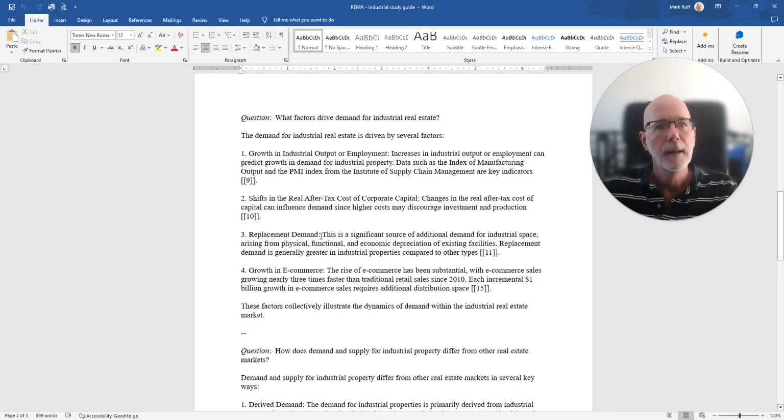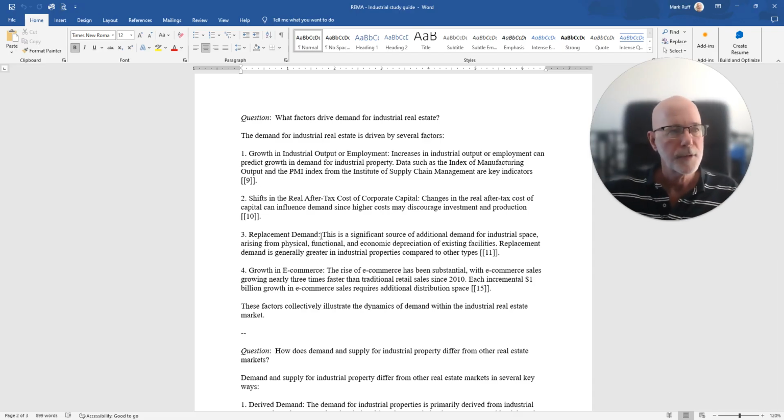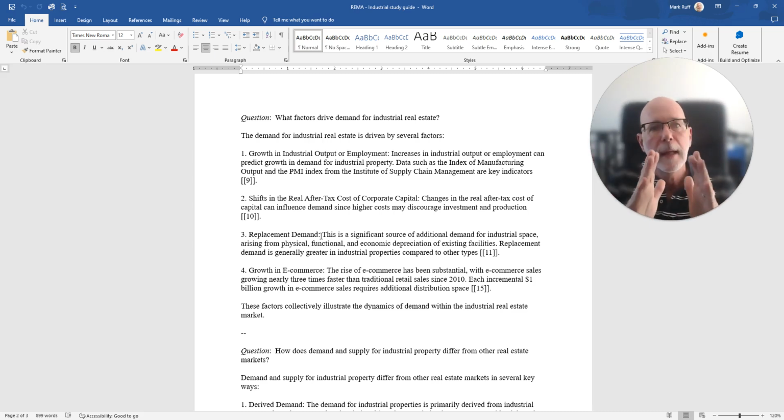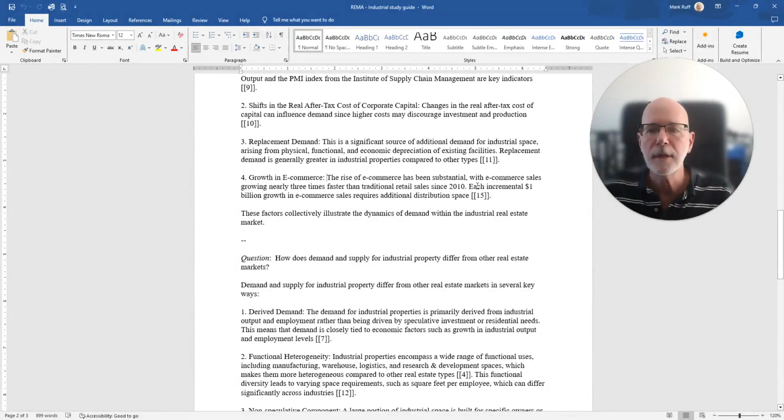Replacement demand. Lots of factories or warehouses depreciate clearly over time. Some warehouse space might be inefficient. Some warehouse space these days might even be too small, right? With the growth of e-commerce, this is what is helping drive demand for industrial real estate, right? Growth in e-commerce. It says here, there was a study by Coldwell Banker Richard Ellis, I think, CBRE.